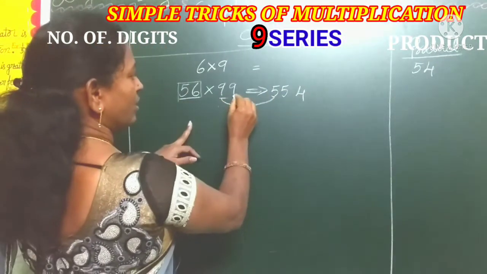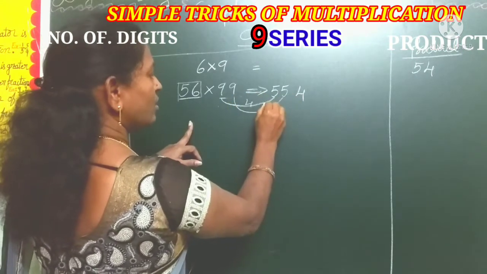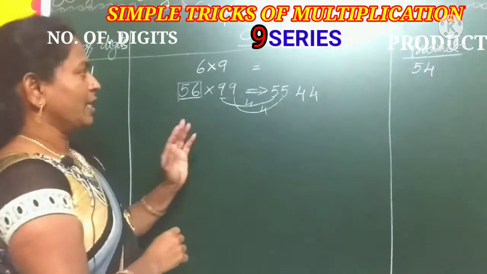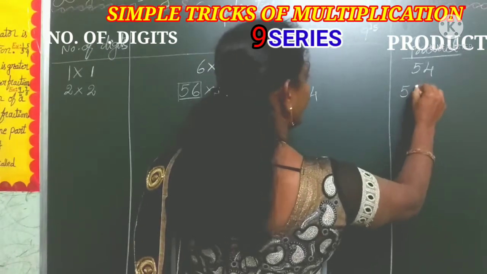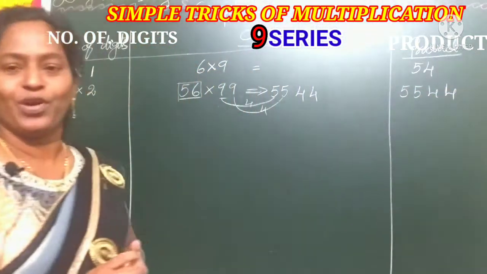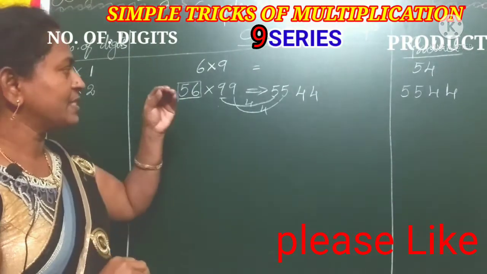And the next one, the difference of the next digits, 9 and 5 is 4. So 4. What is their product? 5544 is their product. Simple, within seconds only.